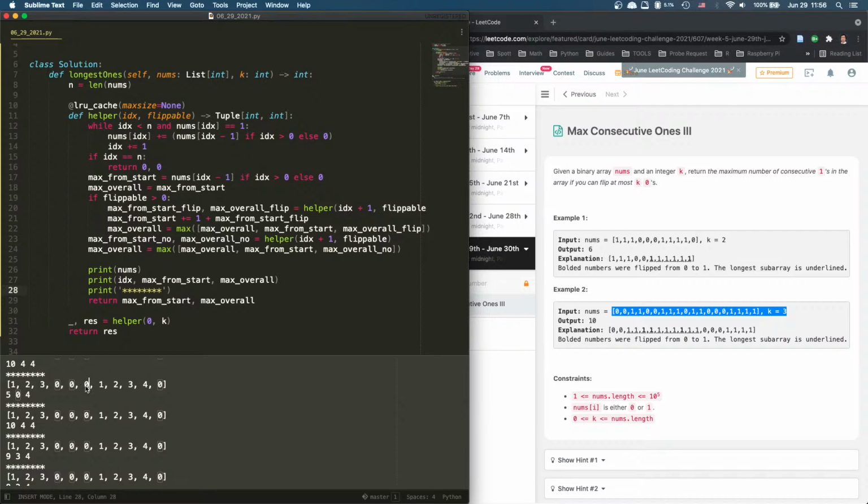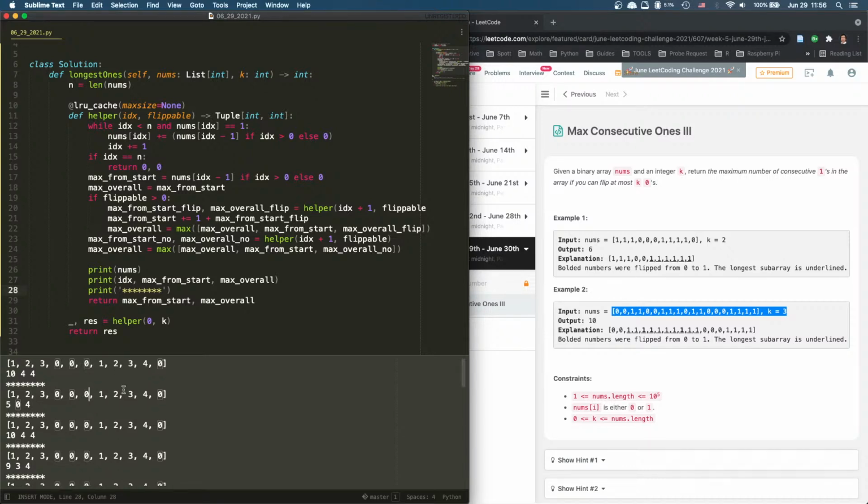That's actually not correct. This is 10. Max from start should be 5. This should be 5.